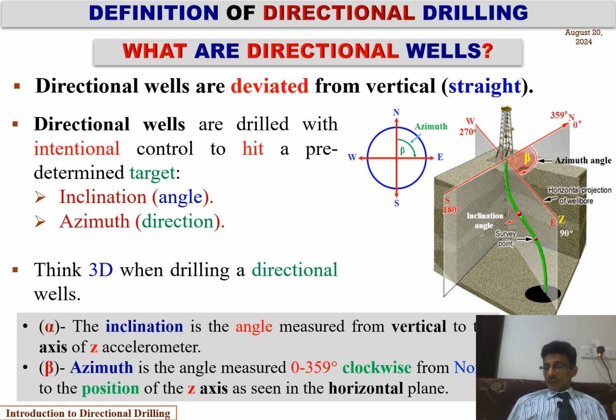From the vertical side to this point, we call it the horizontal displacement. And from the horizontal view, we have the angle from the north side: north, south, east, west. This beta angle is the azimuth angle. This is called the direction.